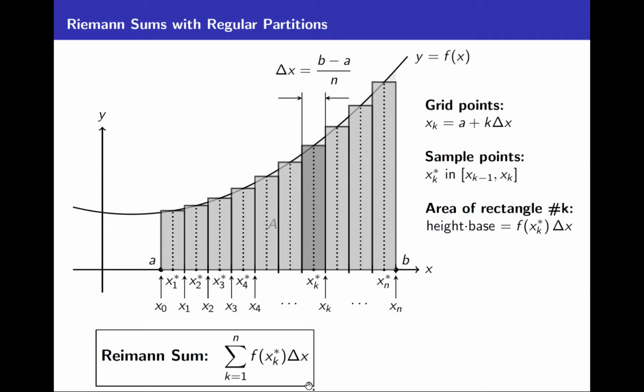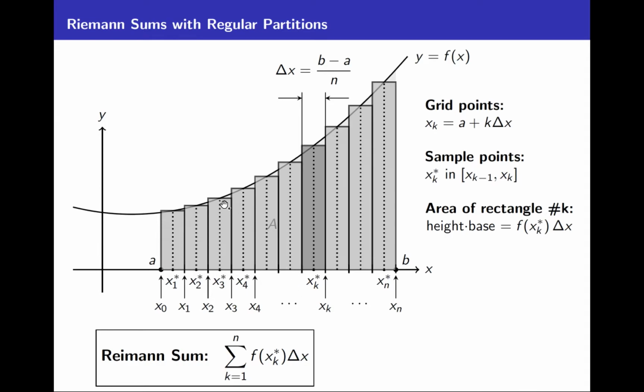And at this point, we defined what we called a Riemann sum. And it was the sum from k equals 1 to n of f of x sub k star times delta x. Think of it as just the sum of the areas of all of these rectangles. Or in general, I should say, maybe not area, but height times base of each of the rectangles.